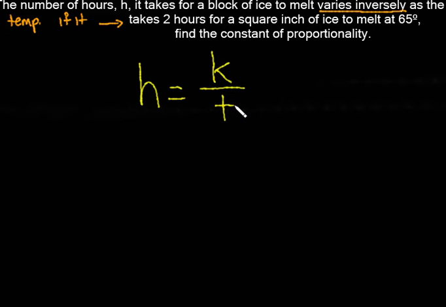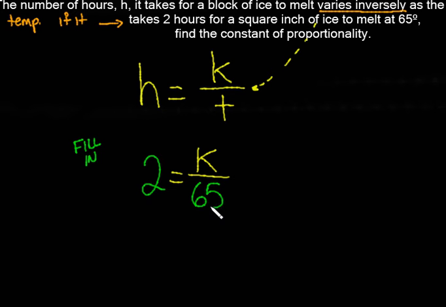So the number of hours varies inversely with the temperature. When it varies inversely, it means it's dividing. So we fill in what we know. You know it took 2 hours for some constant of proportionality divided by the temperature, which is 65.